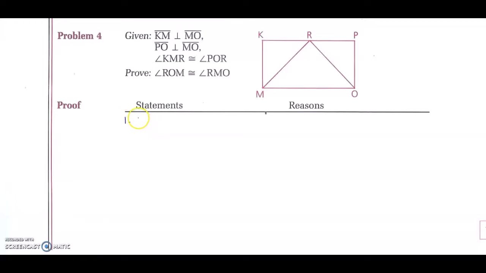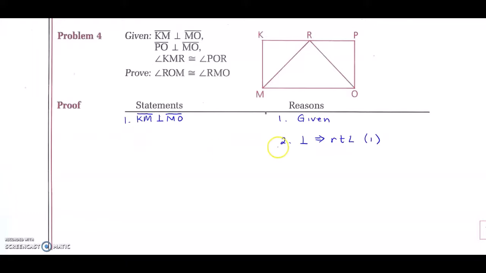Number 1, segment KM is perpendicular to segment MO. That's given. If segments are perpendicular, then they form a right angle, and that comes from line 1.